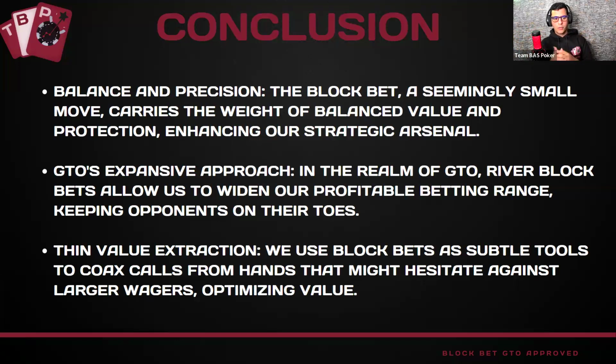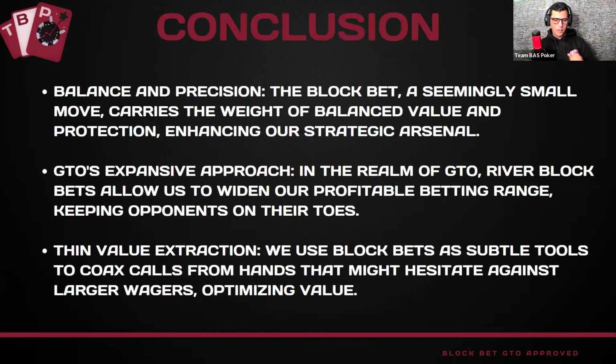So the river block bet also allows us to use a super wide range that opponents just can't start raising against. Even GTO raising with 60% plus against our block bet doesn't stop us from using this block bet with 30% plus.